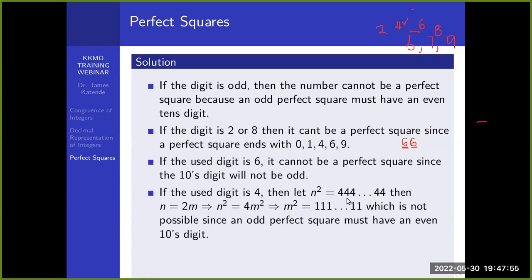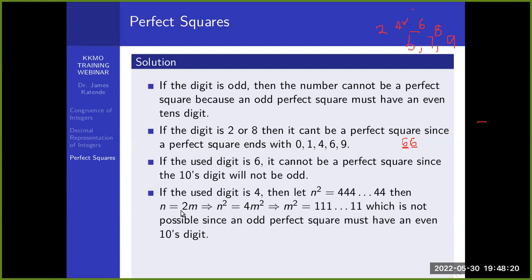So let's assume a number consists entirely of 4s and it is a perfect square, in which case you can write it as the square of some integer n. The idea is to prove this by contradiction, to show that this will eventually lead us to an absurdity. Since the square is an even number, the only way that can happen is if n itself is even.